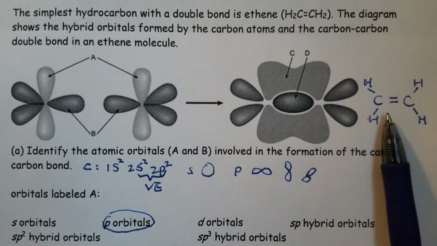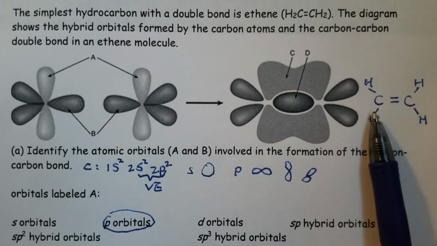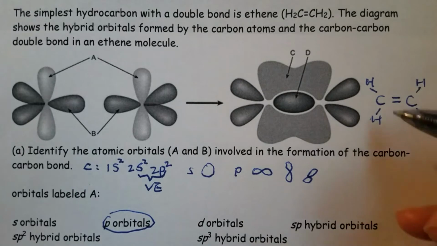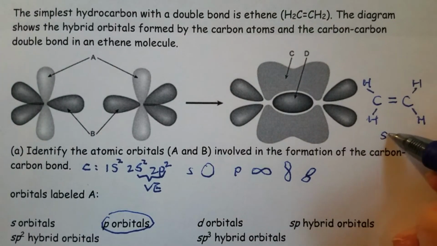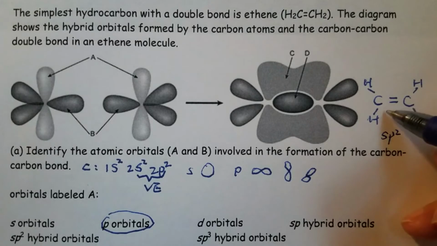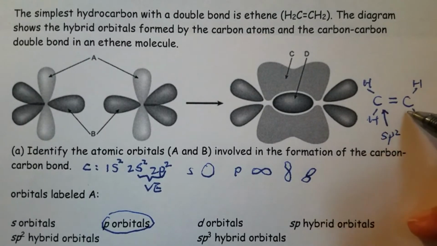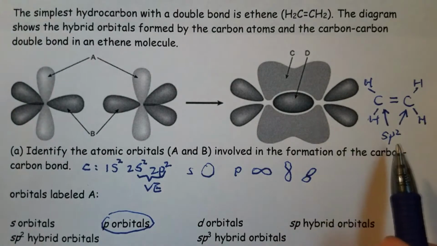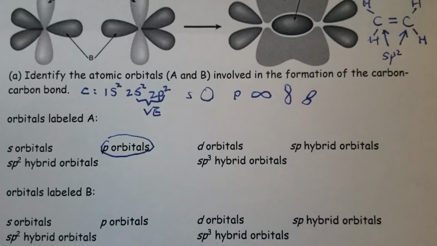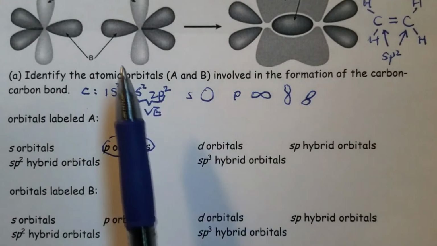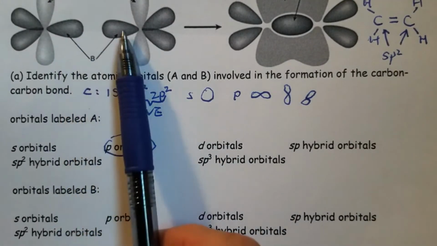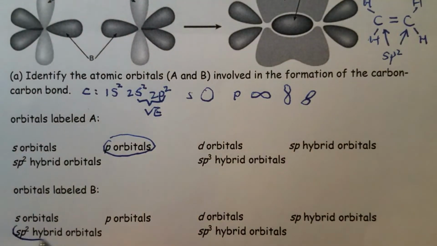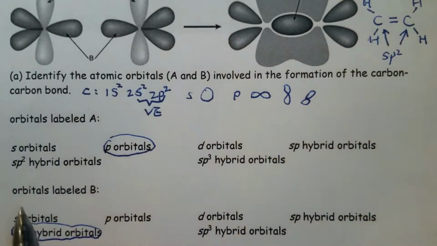So that's 3 electron domains, which means it should be trigonal planar, or the hybridization should be sp2 for each of these carbon atoms. Therefore, the orbitals labeled B are sp2 hybrid orbitals.